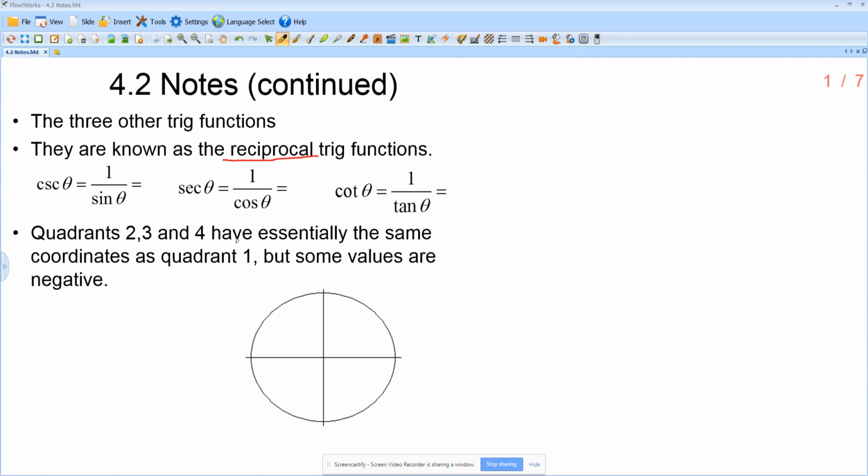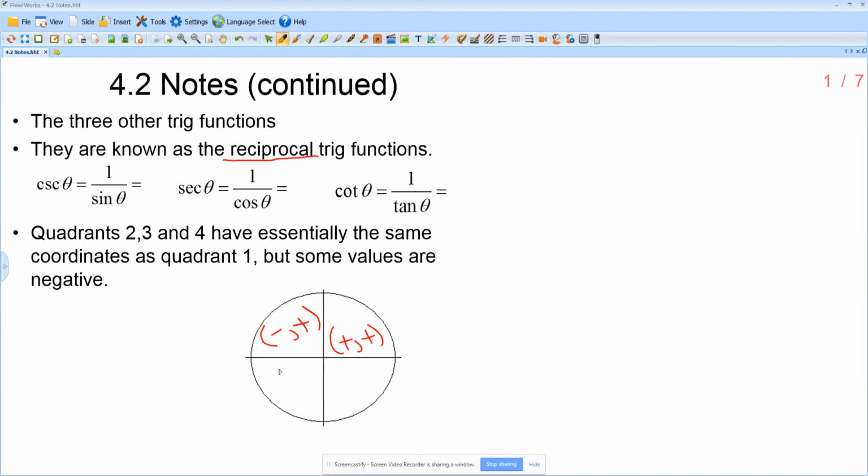Quadrants 2, 3, and 4 have essentially the same coordinates as quadrant 1. So we covered quadrant 1 of the unit circle. But the only thing that's going to change when I go from quadrants 1 to 2 to 3 to 4 is positives and negatives. So if I was looking at quadrant 1, we know that this is a positive x and y. In quadrant 2, what I'm doing is making my x values negative, but my y values stay positive.